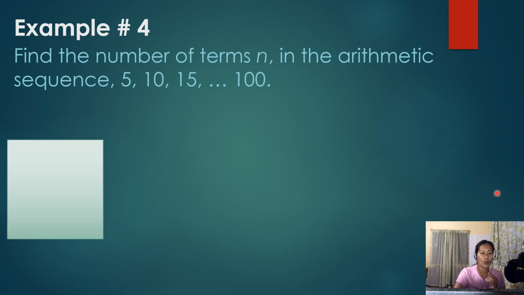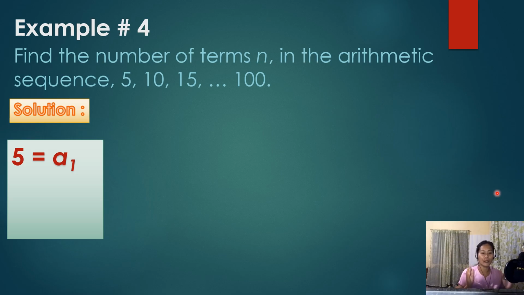And of course, the common difference is equal to 5. So how many terms are there in the sequence from 5 up to 100? Since we already know that 5 is our first term and 100 is our last term, we can solve using the formula.